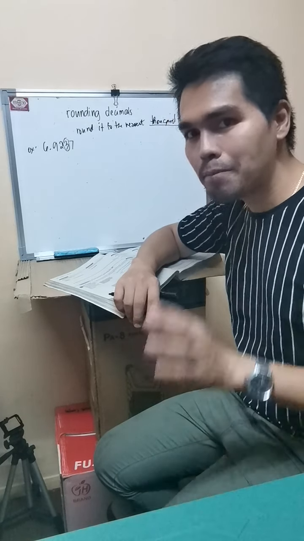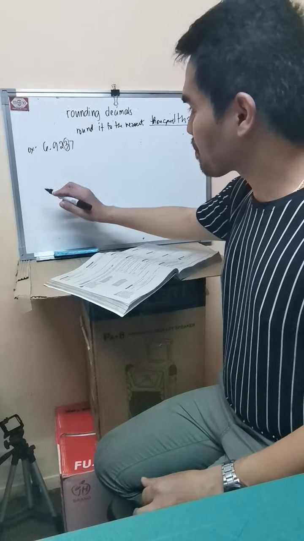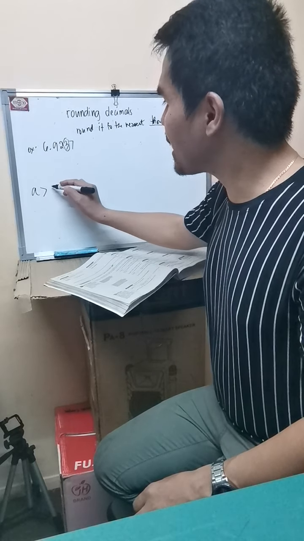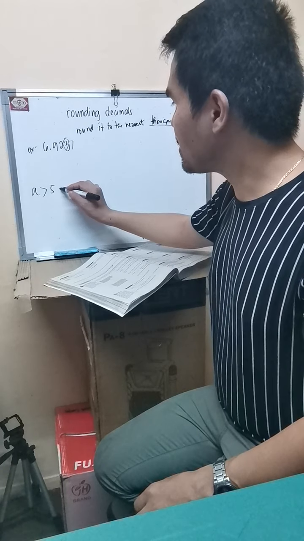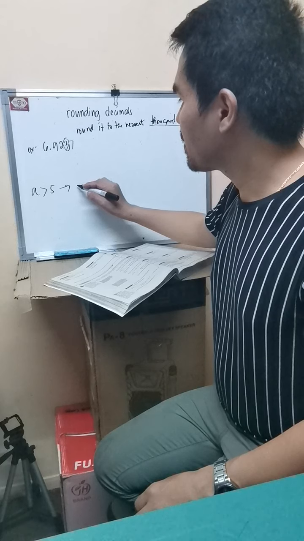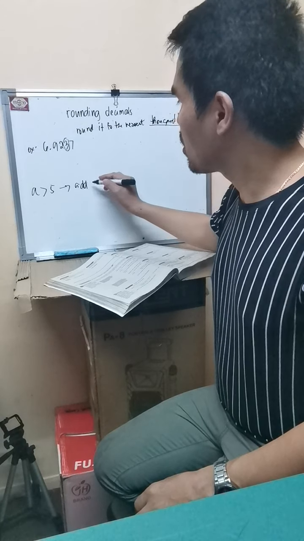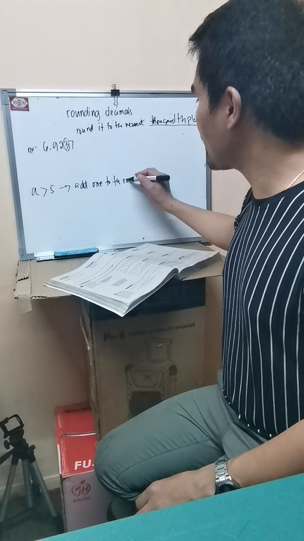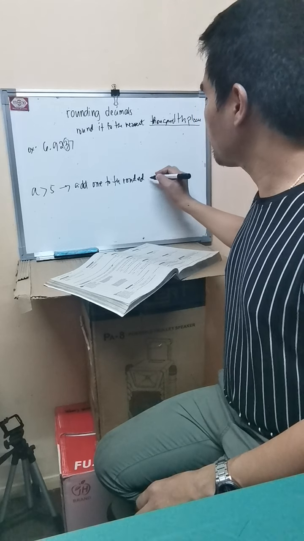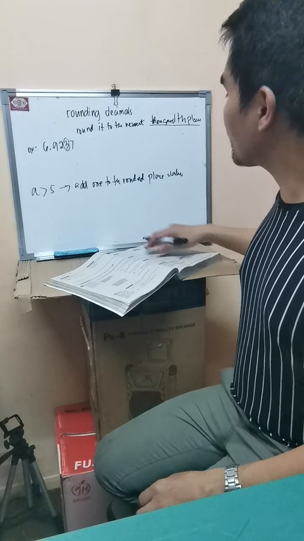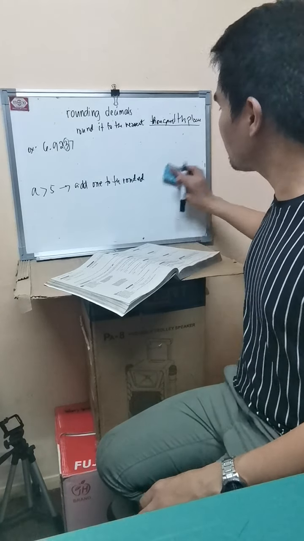And to do that, okay, there's a rule that, assuming that A here, if A is greater than or equal to 5, then add 1 to the rounded value.